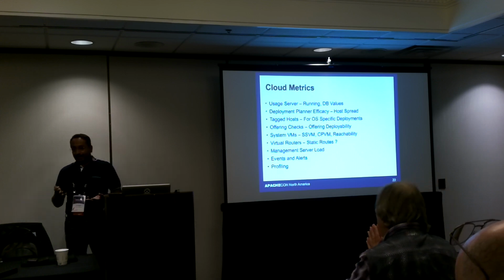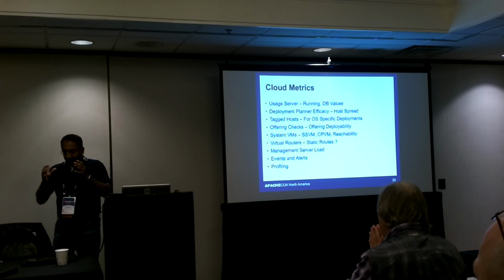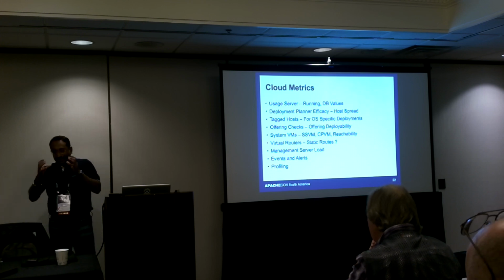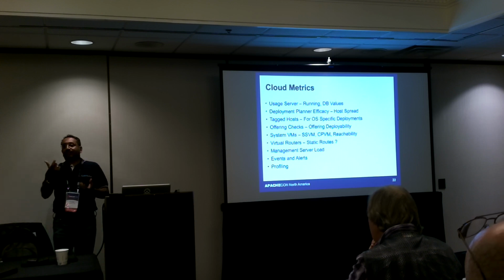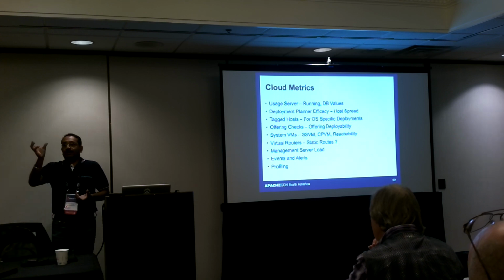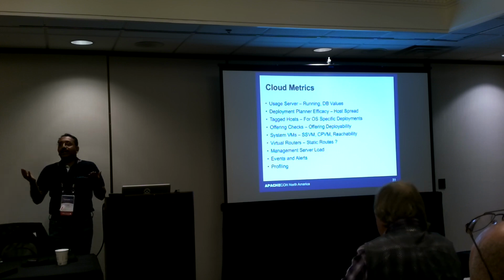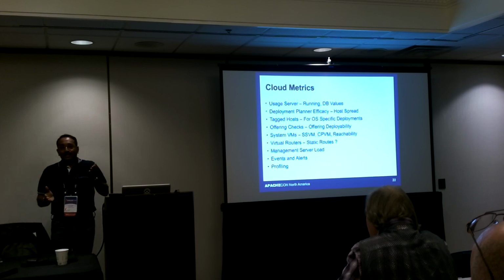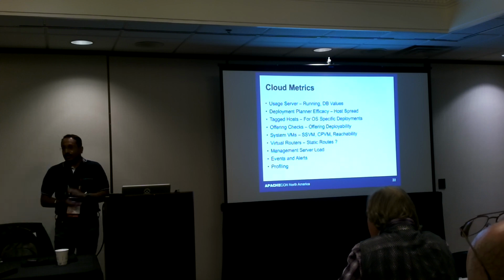Again, deployment planner efficacy. We get all the hosts of a particular cluster, and using the VM and its offering versus the host offering, host capacity, we can get a spread of all the VMs in a host and see if there is any one particular host which is very skewed or not.